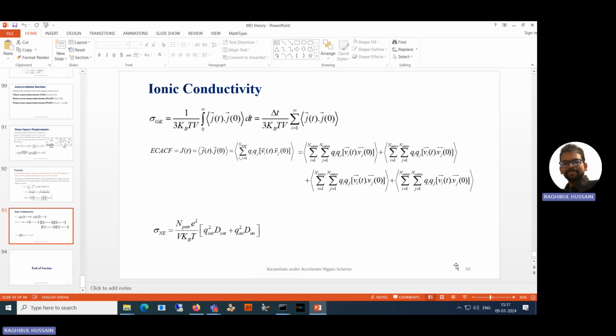But if your simulation, let's say the diffusivity, is widely deviating, then you have to scale your charge, let's say 0.8 times, 80% scaling. That 0.8 will be multiplied here. Theoretically this is very accurate, but again, implementation is very difficult computationally. For a dilute solution, you can try with this one. But for ionic liquids or neutral solvents, we generally use the Green-Kubo.